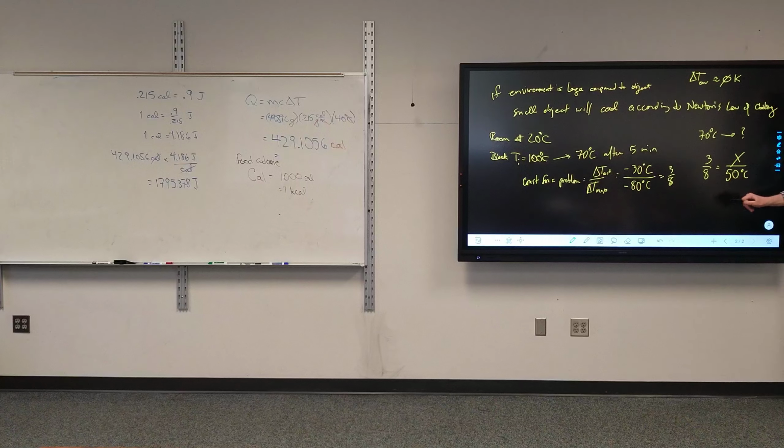So basically, the math problem is 3/8 is equal to x over 50. Whatever that ends up being. 18.75? Is that what you said? Yeah. All right, degrees Celsius.